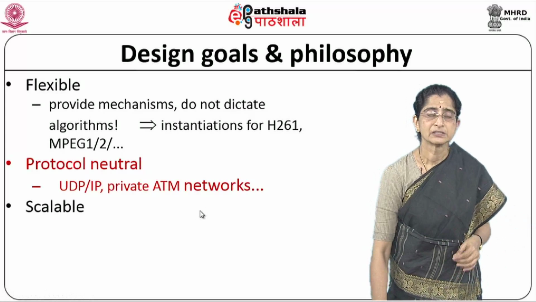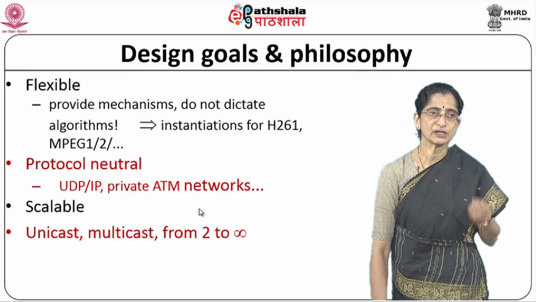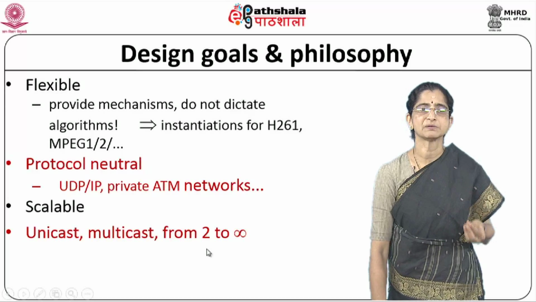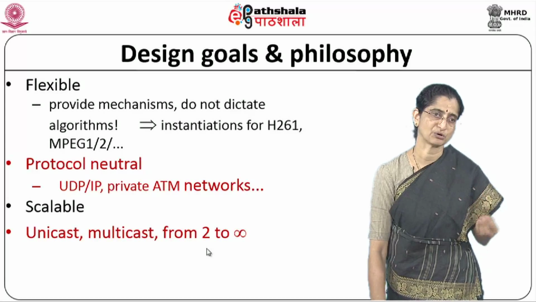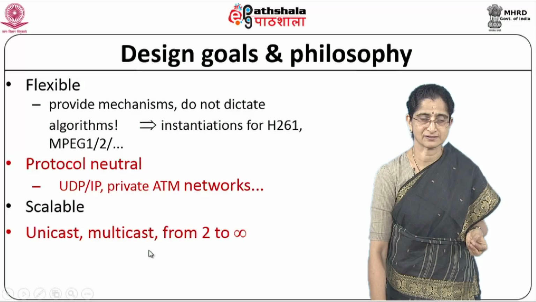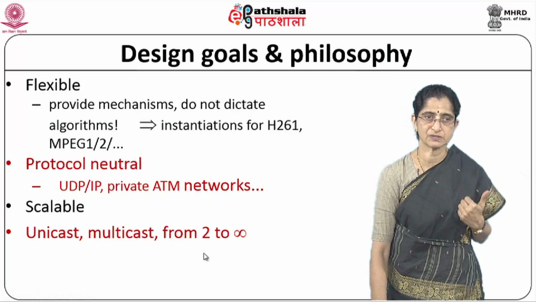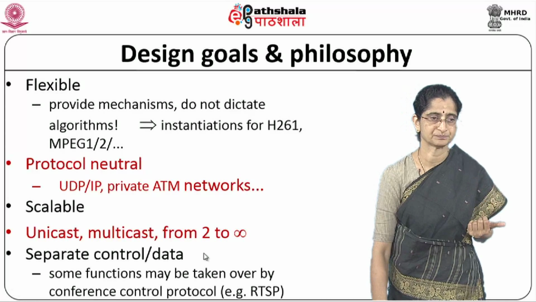Third, it should be scalable, and it should be able to handle unicast as well as multicast, because when we talk about multimedia applications, we typically go into conferencing kind of applications, audio conferencing, video conferencing and so on. There is definitely a need for multicasting support, where many receivers have to receive a single piece of multimedia data.